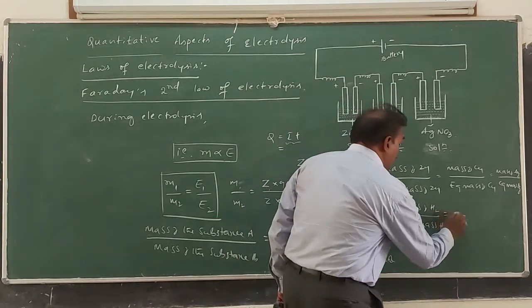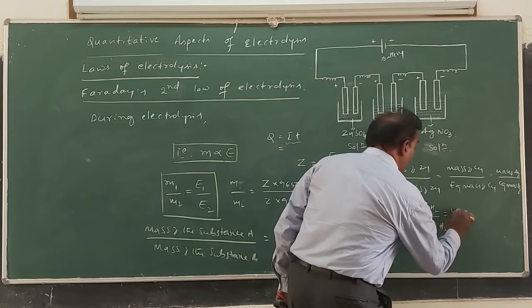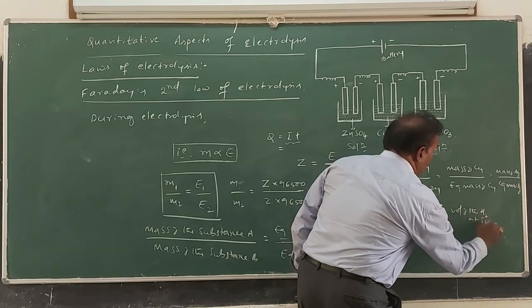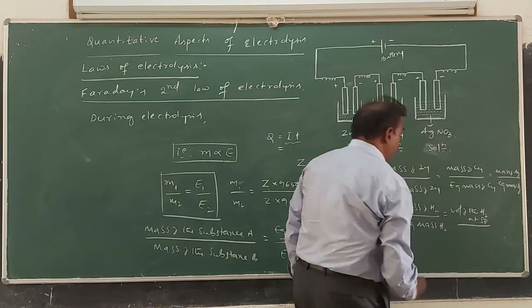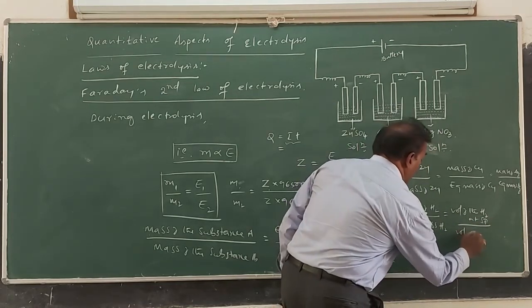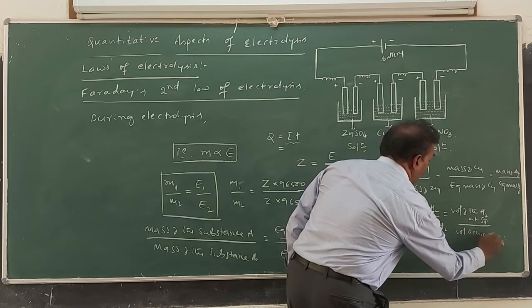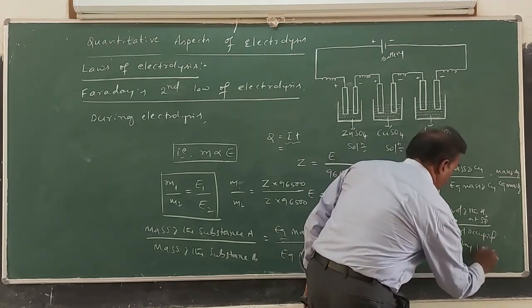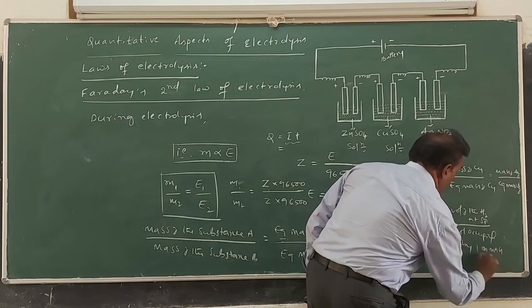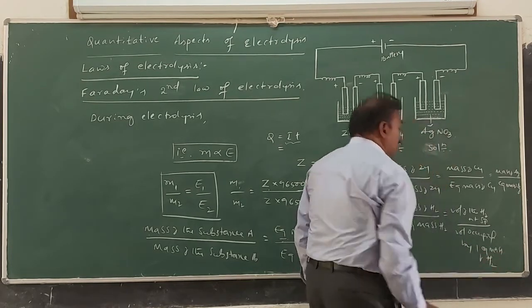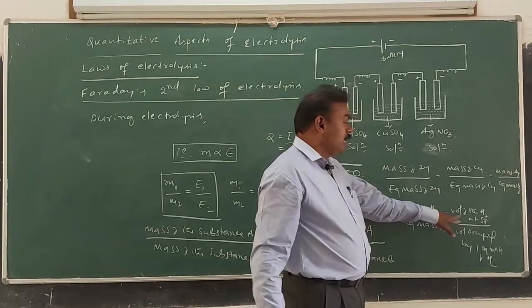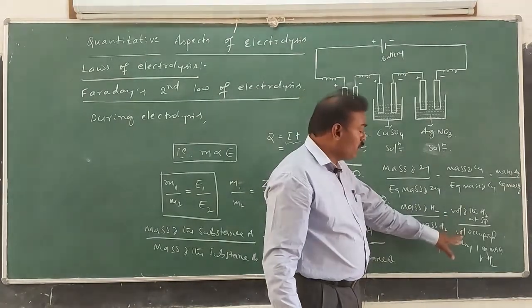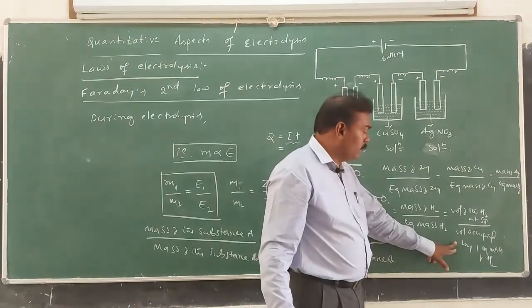Even this can be written in terms of the volume: volume of the hydrogen at STP divided by the volume occupied by one equivalent mass of hydrogen. One equivalent mass of hydrogen will be equal to 1 gram.